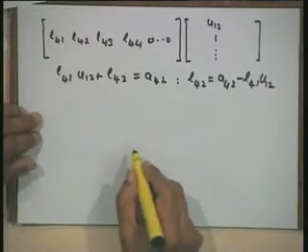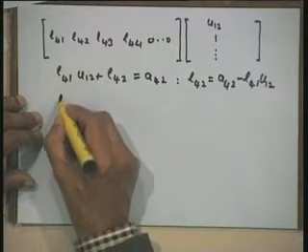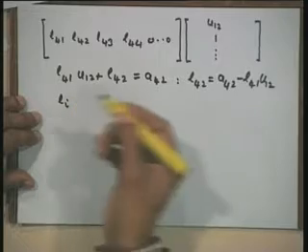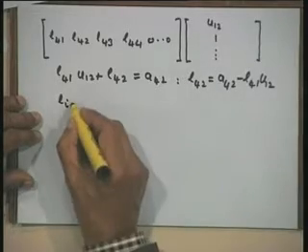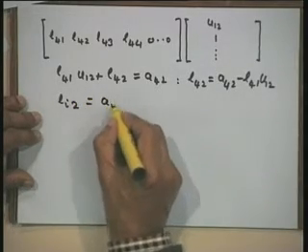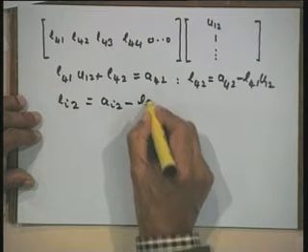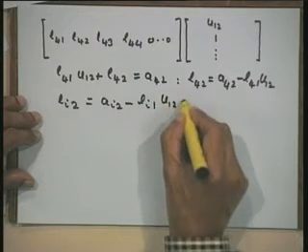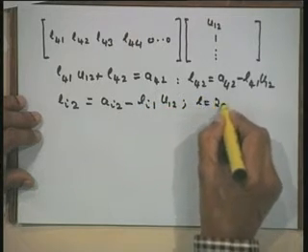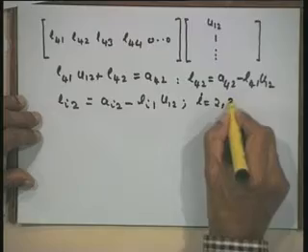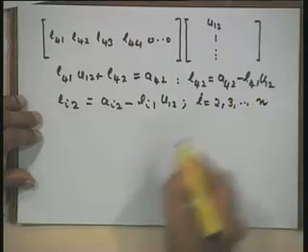Now, from this I can generalize that Li2 is Ai2 minus Li1 U12, i running from 2, 3 so on n.